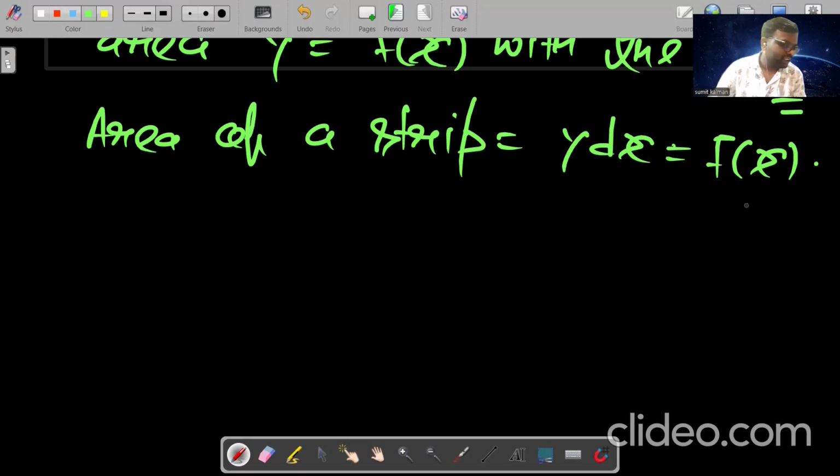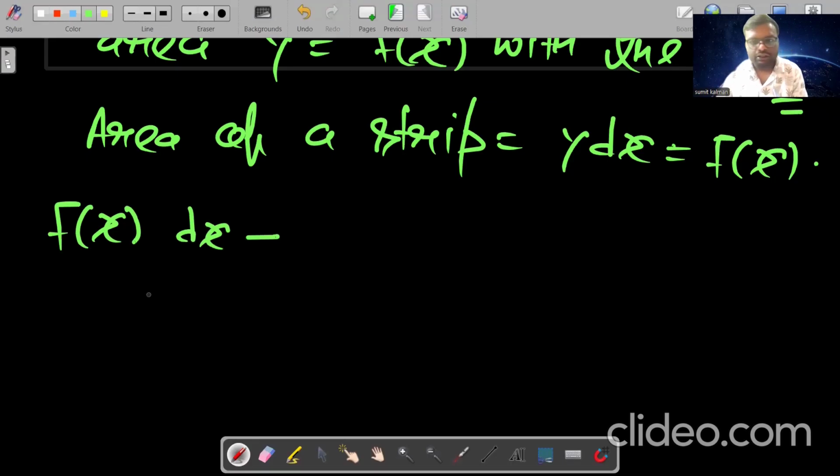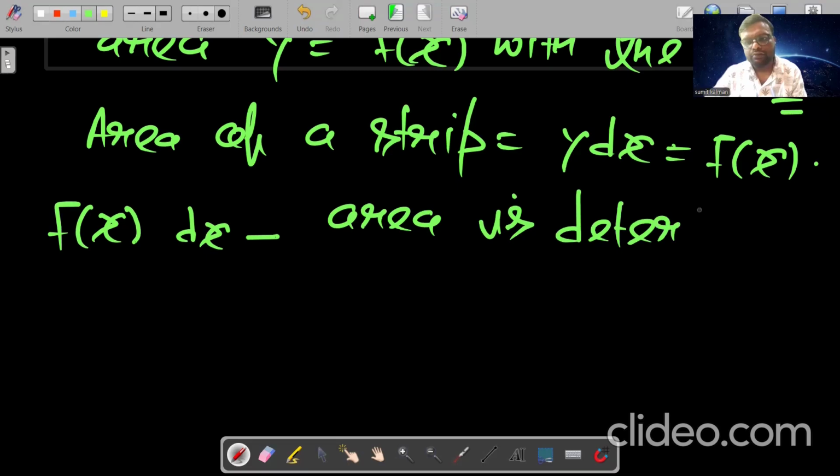And students, if you integrate f(x) dx, here y is equal to f(x), and if we integrate f(x) dx, then students, area is determined.